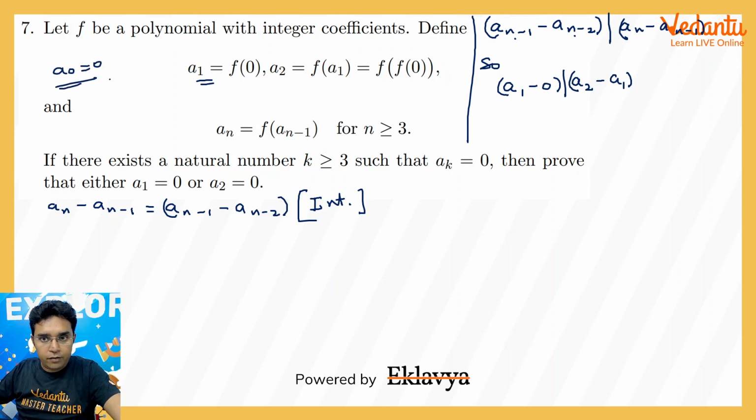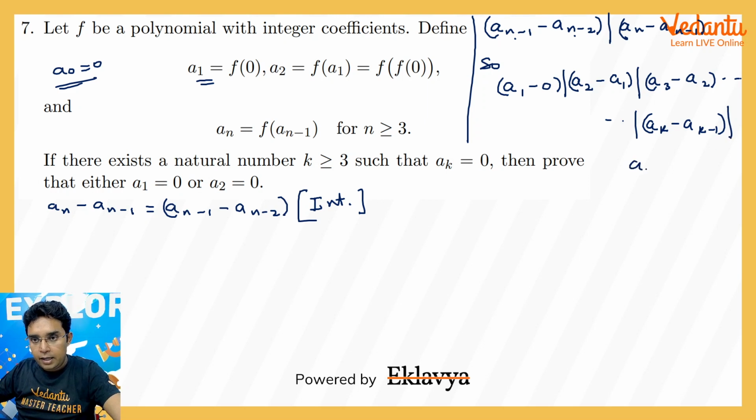You can take it that way also, and then you will be able to prove that a1 minus 0 divides a2 minus a1, and this will divide a3 minus a2 and so on. And we will be getting ak minus a_{k-1}, and then a_{k+1} minus ak, and so on.